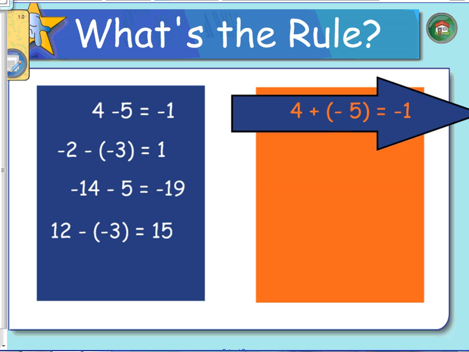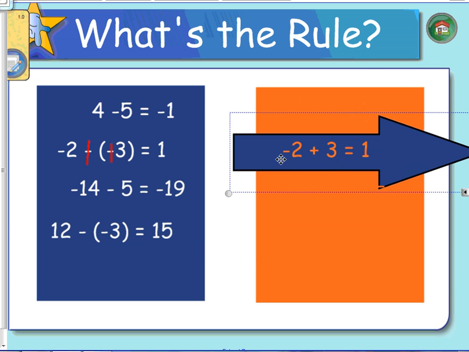We're leaving the first sign, changing the middle sign, and creating the opposite of this one. So our problem becomes negative 2 plus 3, which equals 1.